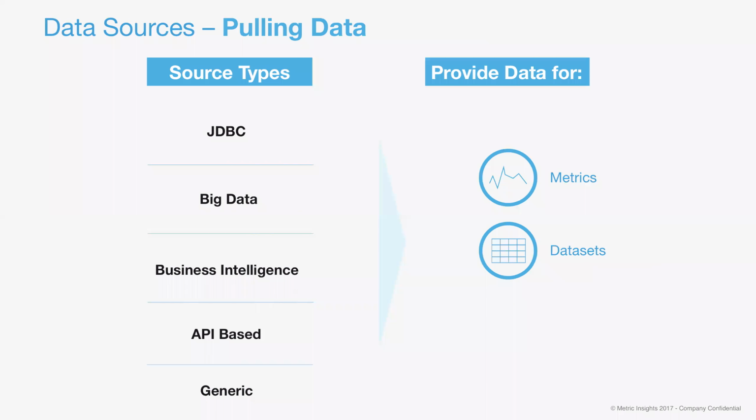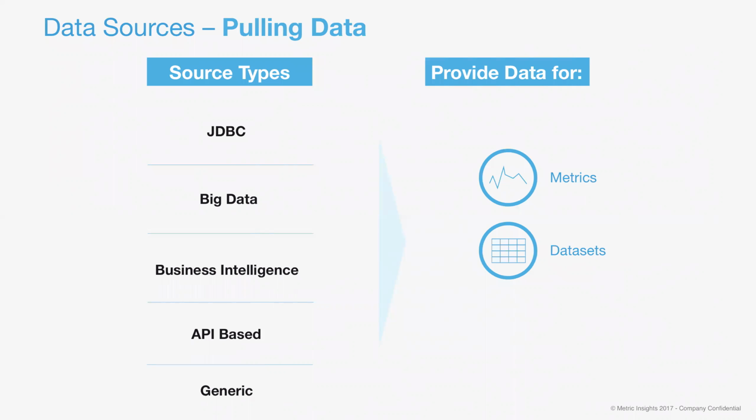That means we're connecting to the different data sources within your organization, and we connect to a data source for 2 different reasons. The first is so that we can pull data to support things like the metrics we spoke about, the trends of information, and the data sets, the snapshots of data that you might be interested in analyzing.